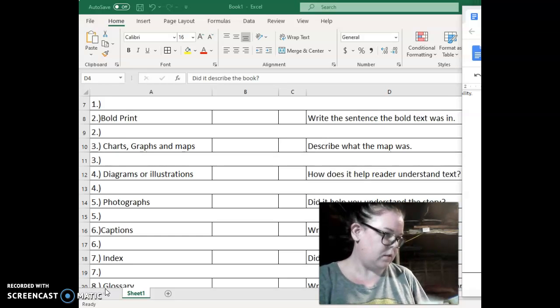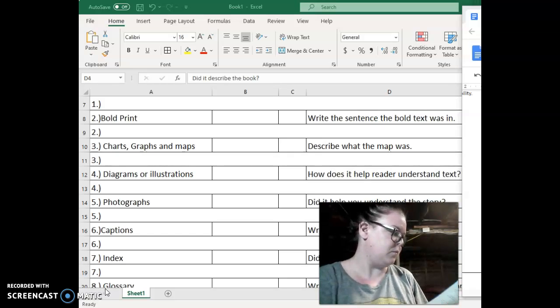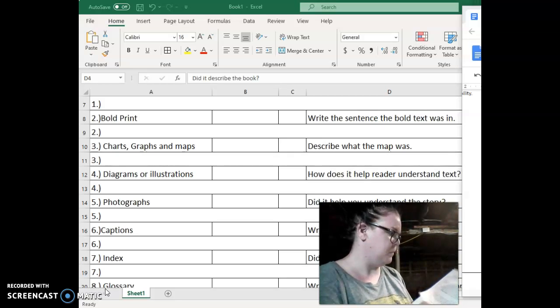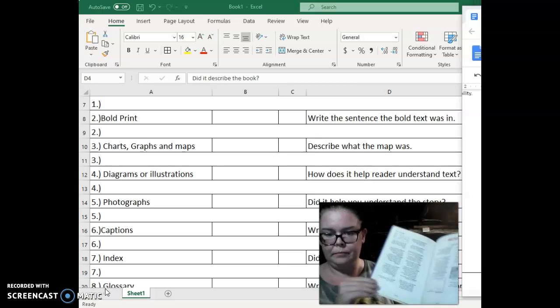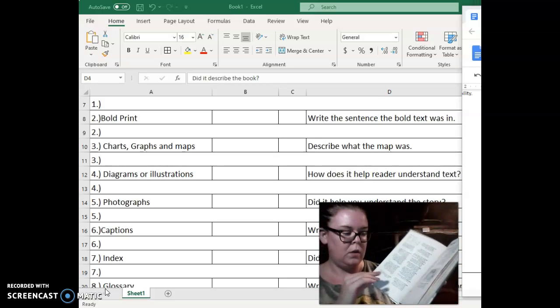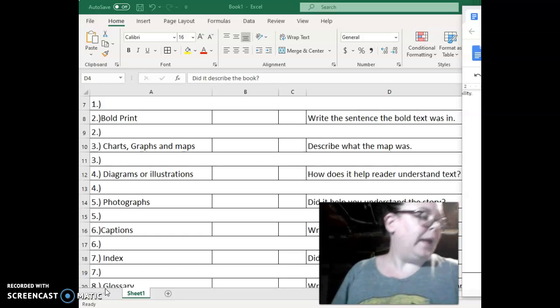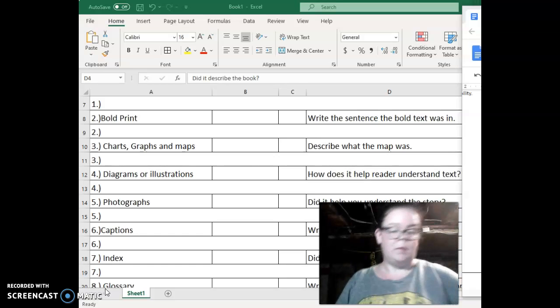The index, of course, is in the back of the book here. And the glossary. So, we are going to be going over some additional terms.